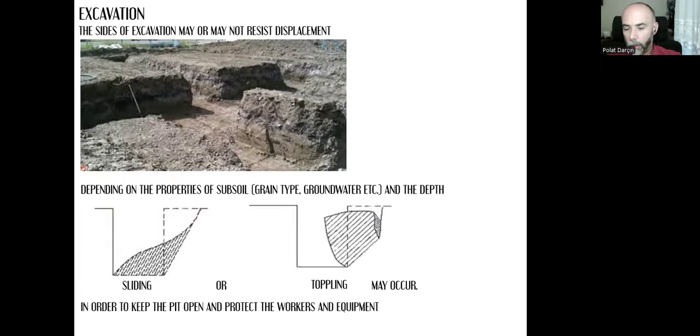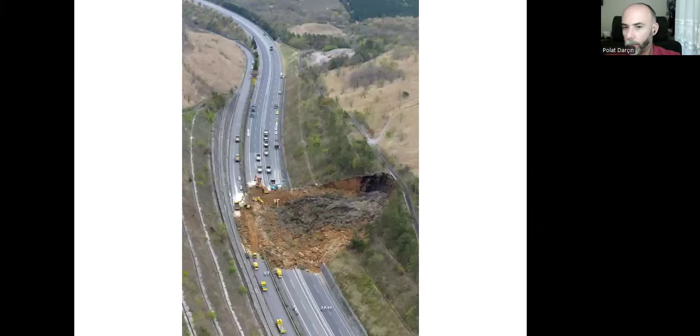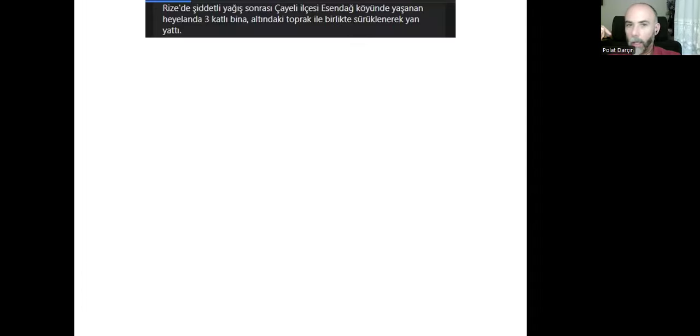If there's a risk of sliding or toppling, in order to keep the pit open and protect the workers and equipment, we need to support the sides. This can be done by sloped sides, or by constructing a support system. That's a big risk.